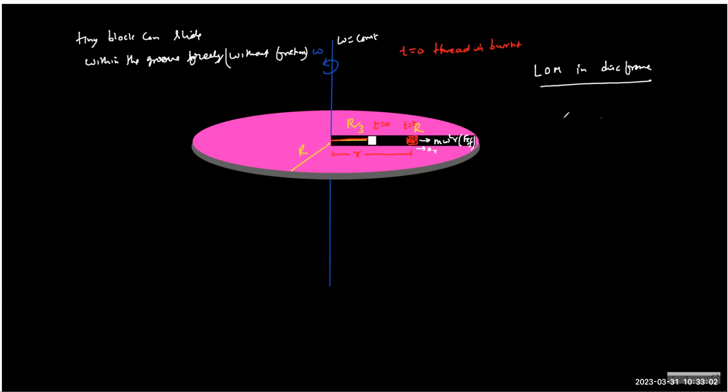The only force I can see is m omega square r, that's it.